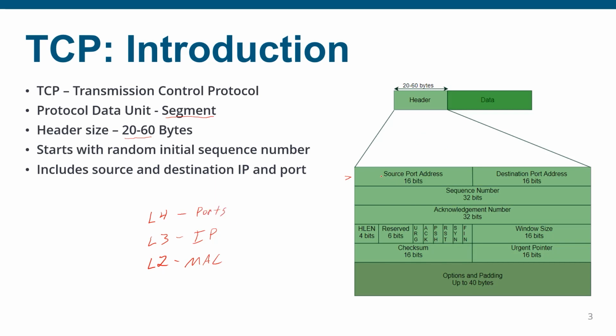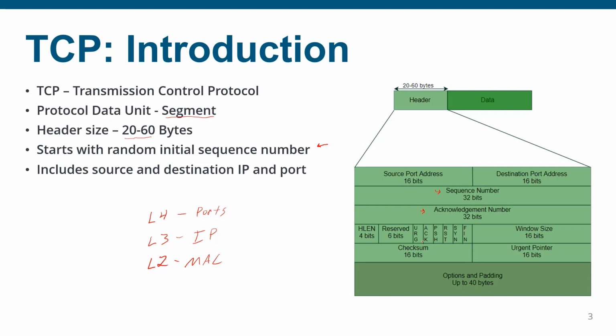So we have a source port that is 2 bytes and a destination port that is 2 bytes. We also have a sequence number. This will be incremented as the transmission continues, and it starts off with a random initial sequence number. And we also have a 4-byte acknowledgement number.